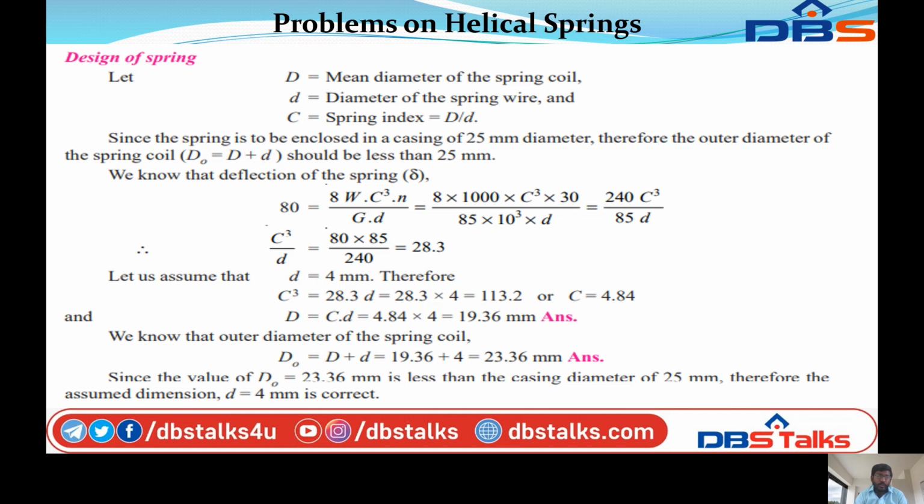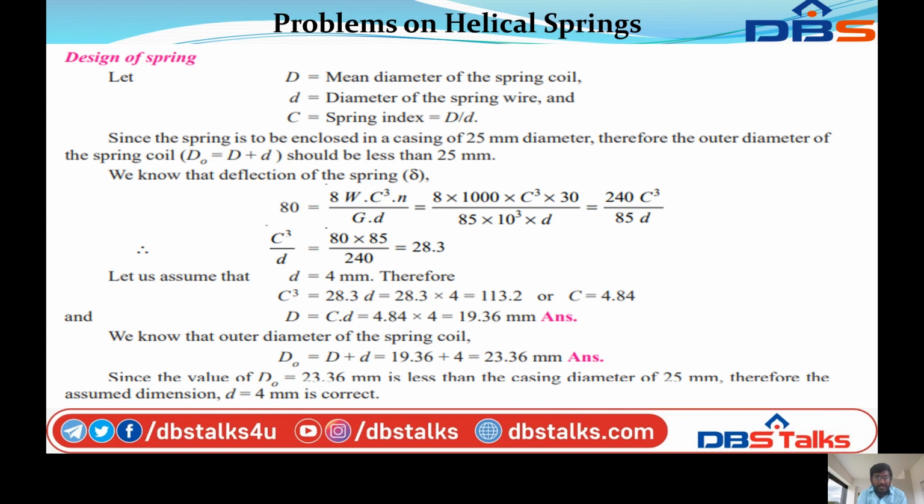C is equal to cube root of 113.2. So we can calculate the value C is equal to 4.84. And capital D is equal to C into d, that is equal to 4.84 into 4. The capital D is equal to 19.36 mm.